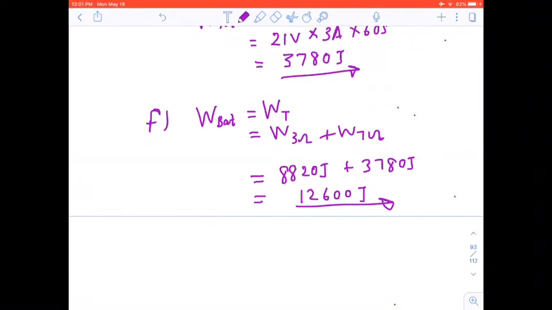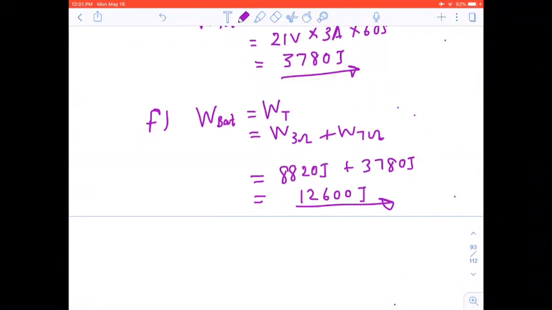Here the energy that's being transferred by that battery and the charges moving from that particular positive terminal is much more than that of a series circuit. So 12,600 joules are actually being transferred from that terminal of the battery.